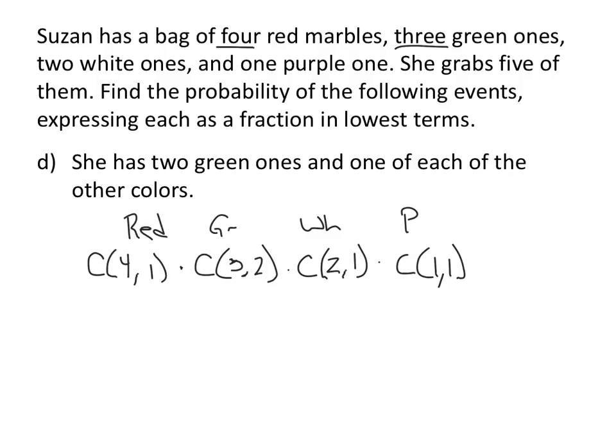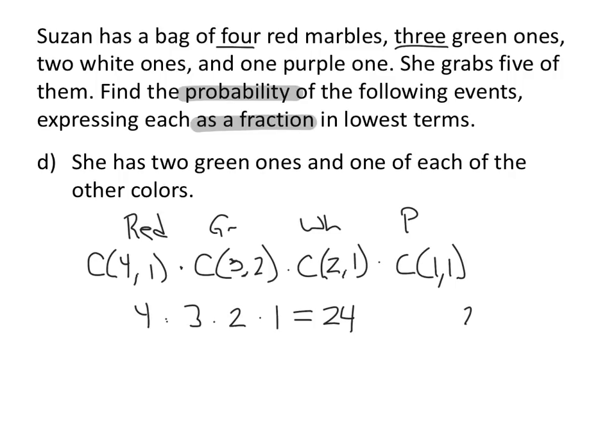4 things take 1, that's 4 ways. 3 things take 2, happens to be 3 ways. Combinations of 2 items taken 1 at a time is 2, and the combinations of 1 item taken 1 at a time is 1. 4 times 3 is 12, 12 times 2 is 24. Don't forget, as always, I'm going to remind you this because it was the biggest error, probably, on exam 3, probability as a fraction.